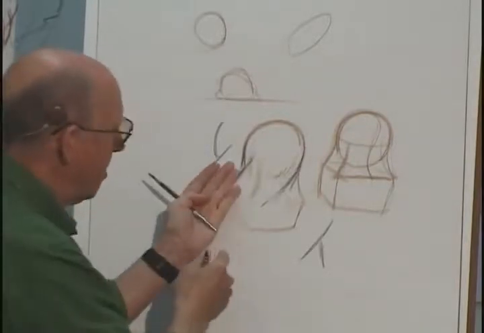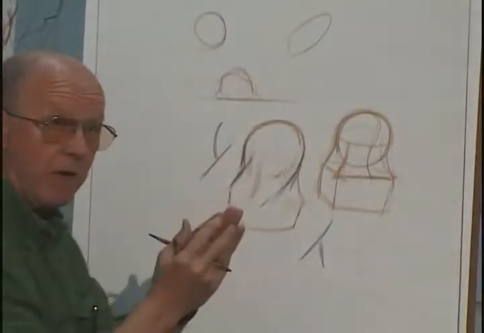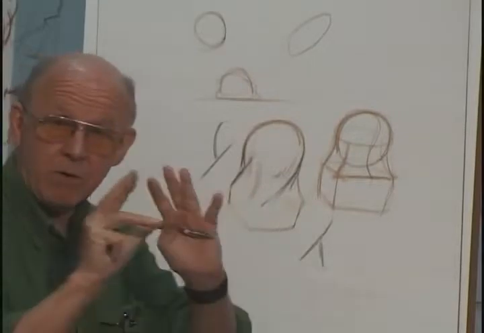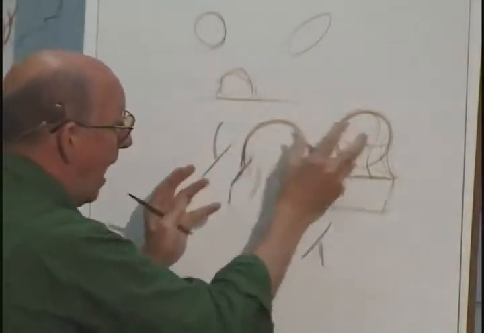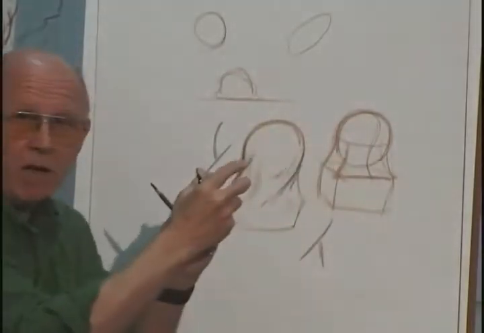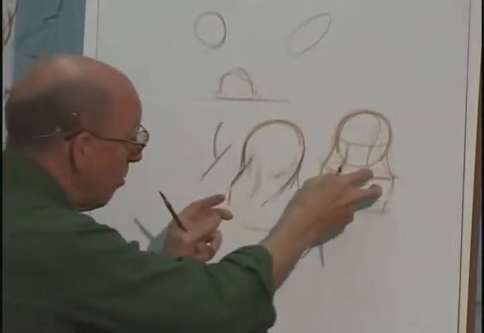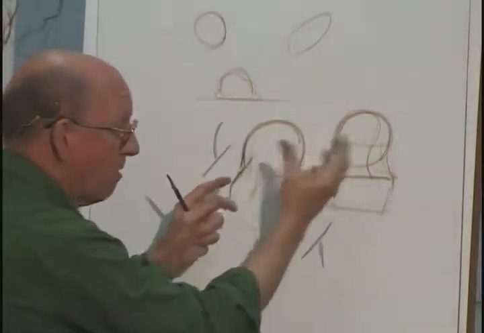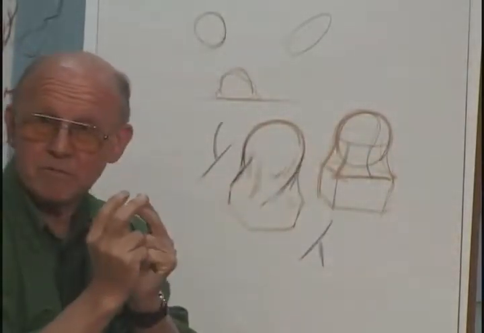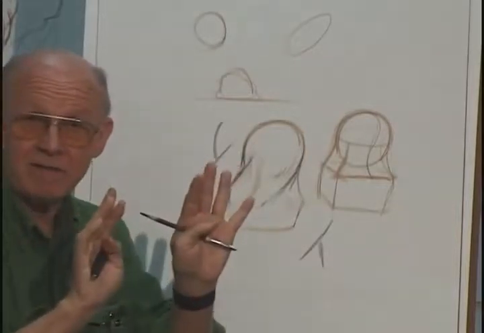So you have to really be consciously thinking about what's in front, what's in back. But that only happens when you understand that this is an actual round, three-dimensional object. It is a squarish object. You have to actually be conscious that these are real forms, not just lines.